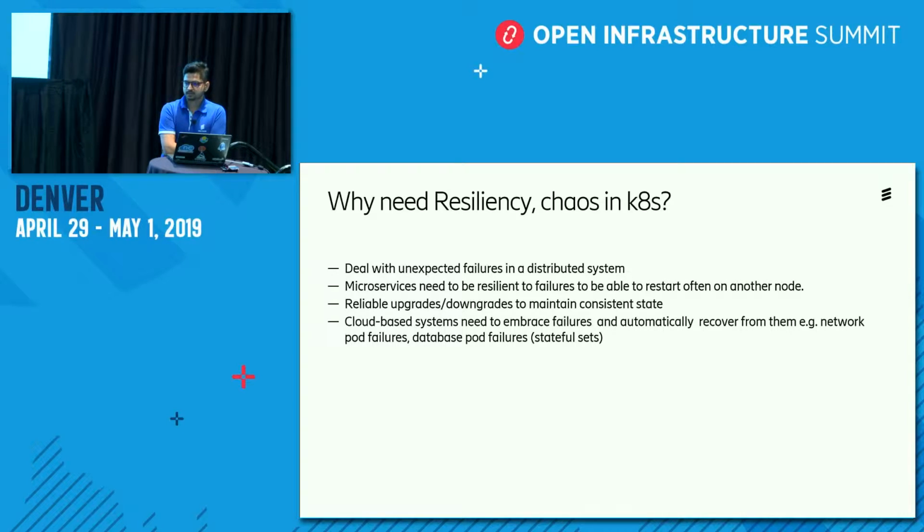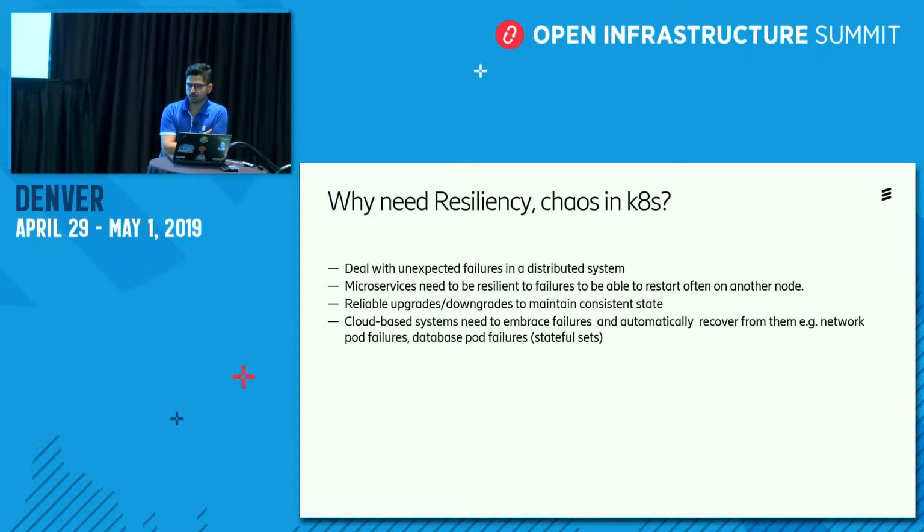Firstly, we need to understand why resiliency and chaos testing are important. A lot of us do functional testing. We also do some stress testing and load testing and so on. But what we probably do not consider, as we are moving towards containerized deployments, is the resiliency part, because the way Kubernetes is brought up so seamlessly, we do not understand that it can also cause a lot of failures.